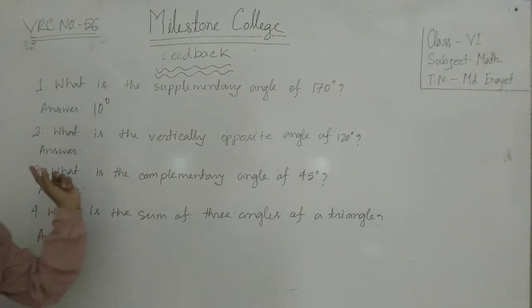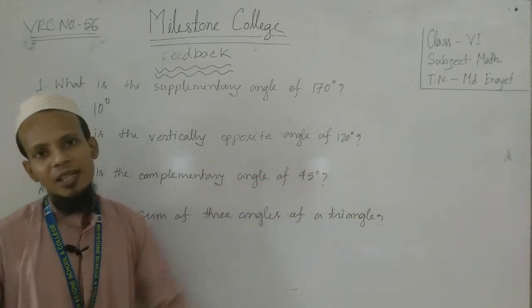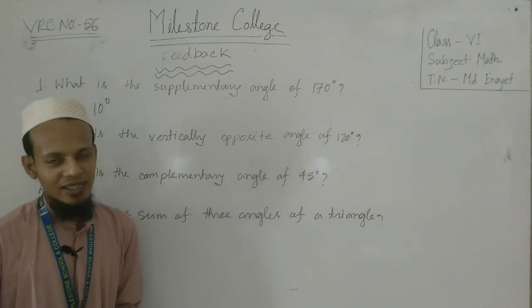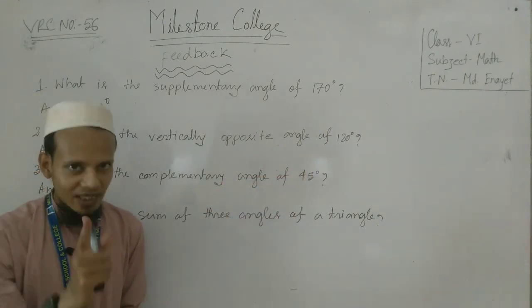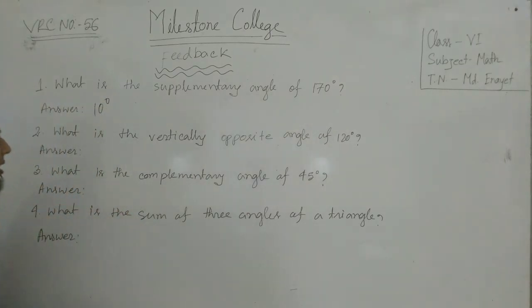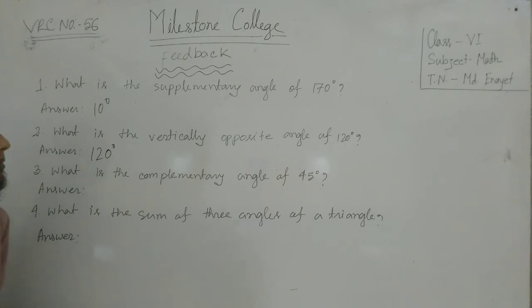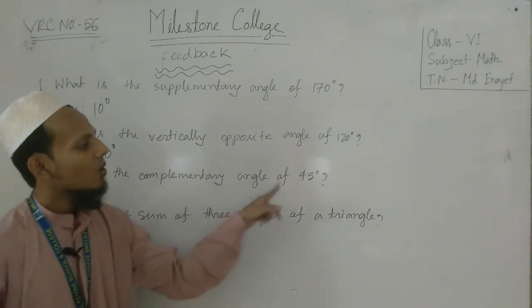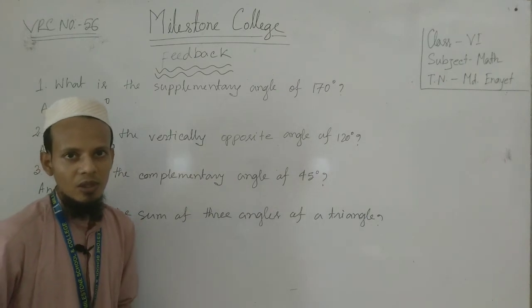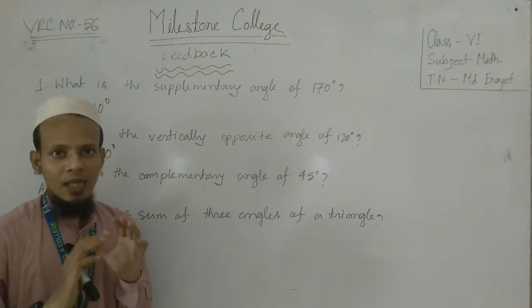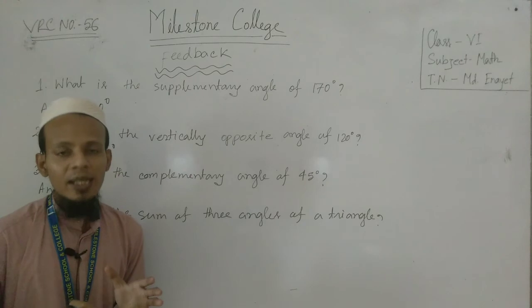Now, what is the vertically opposite angle of 120 degree? Easy question, my dear students. What will be the answer? Yes, 120 degree, because vertically opposite angles are equal. Now the next question is, what is the complementary angle of 45 degree? You know, complementary angle, that means sum of the angle will be 90 degree.